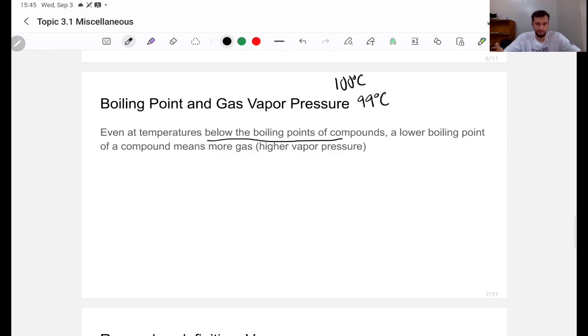If you've ever cooked rice before, hopefully your parents have made you cook rice at least once, you've noticed as the water is heating up, some steam from the water comes up before it gets to a boil. What that's telling you is as the temperature of the water is increasing, before you get to the boiling point, the vapor pressure of water is already increasing.